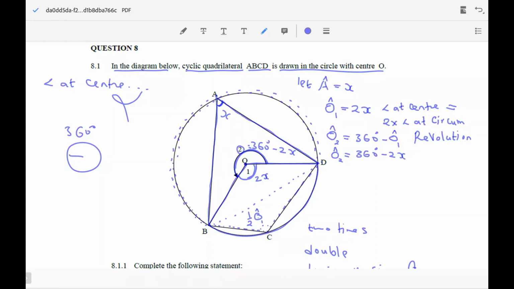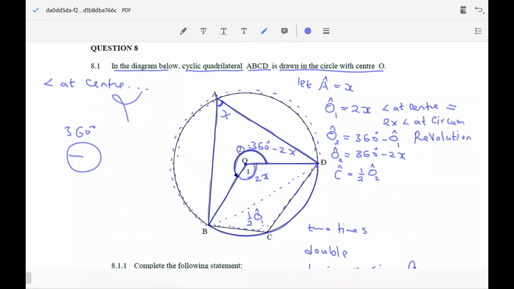Then angle C should equal a half the size of angle O2. Remember, O2 is at the center, and angle at the center is 2 times the angle at the circumference. So if the angle at the center is 2 times the angle at the circumference, then the angle at the circumference must be half the size of the angle at the center.